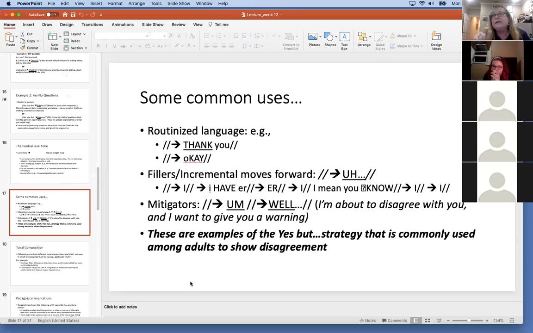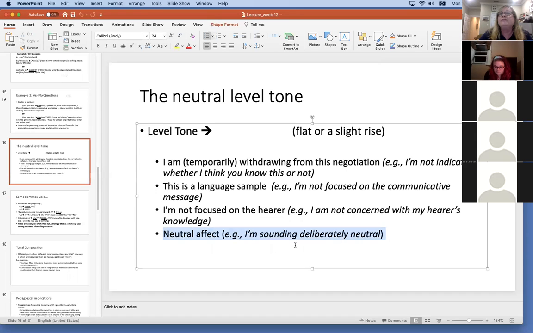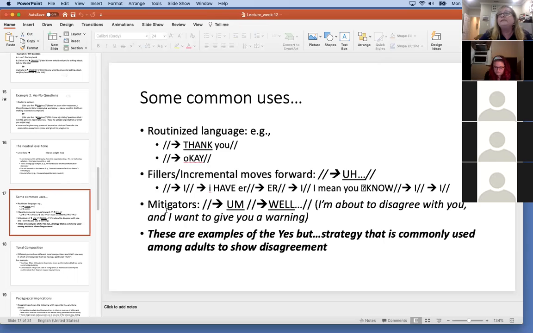mitigators. Now, mitigators is where we say here, for example, I'm producing a neutral affect. I'm deliberately sounding neutral. Why am I deliberately sounding neutral? Because I'm about to disagree with you, and it's a little warning bell. These are intonational examples of what's called a yes, but strategy, meaning, yes, you're right, but, and then telling them why they're wrong, right?